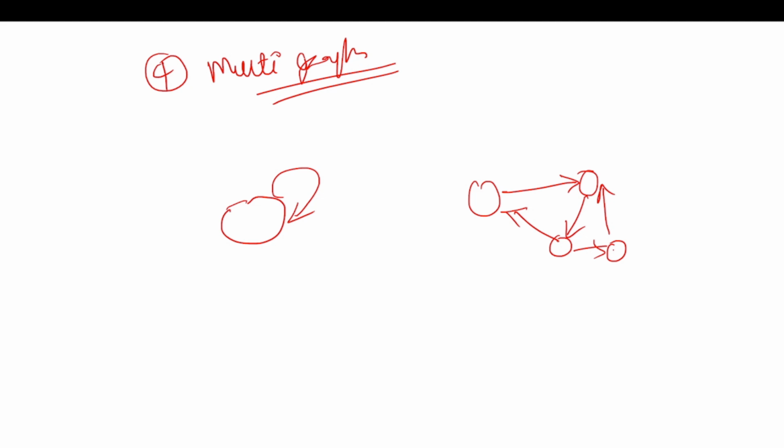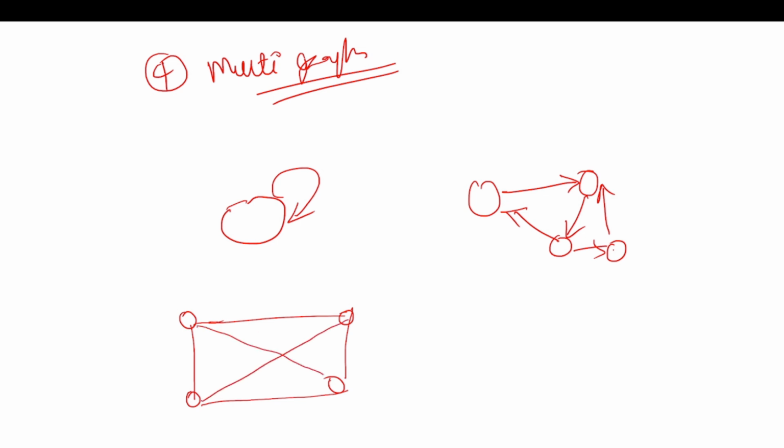When we talk about a simple graph, it has simple things. Let's suppose, what is simple and what is multigraph? If I keep it very simple, I will take 4 nodes, and let's connect all these nodes. Okay, these nodes I have connected. Now let's suppose we connect this also.